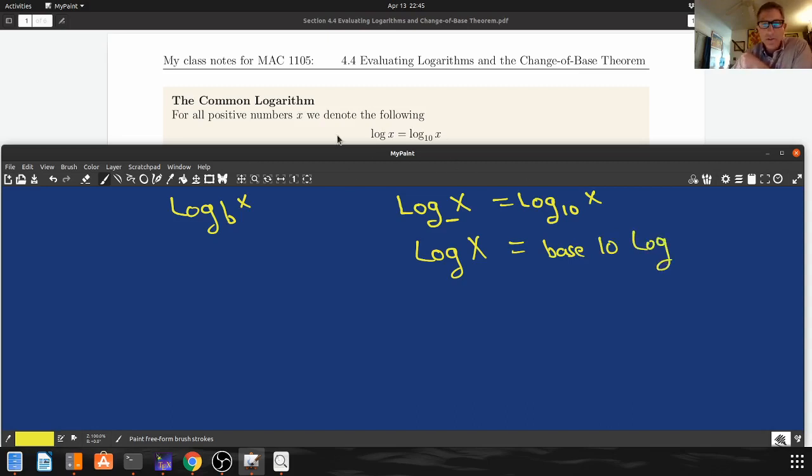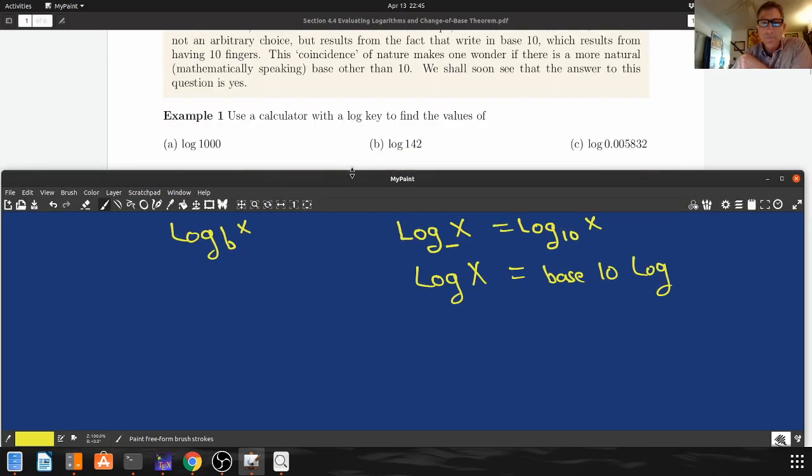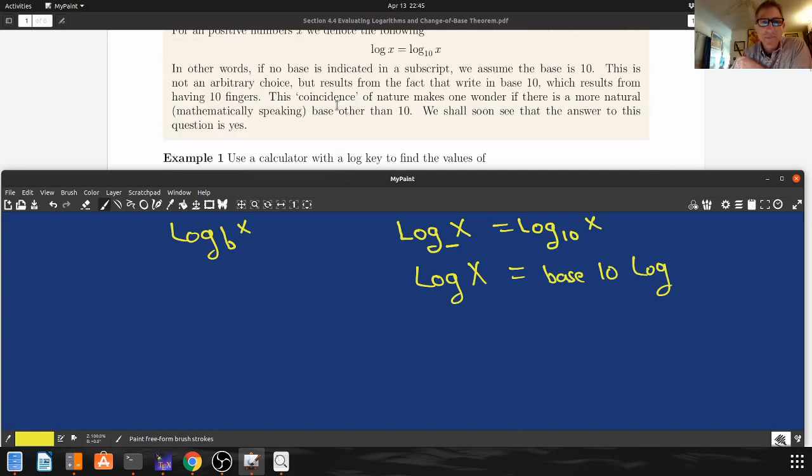Let's take a look at this. I actually pose an interesting question here. If no base is indicated in a subscript, we assume the base is 10. That's also the same with your calculator keys.